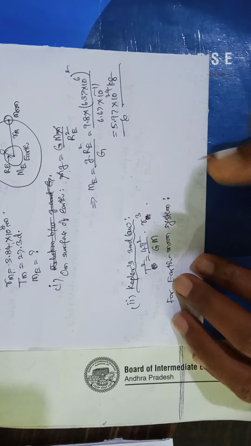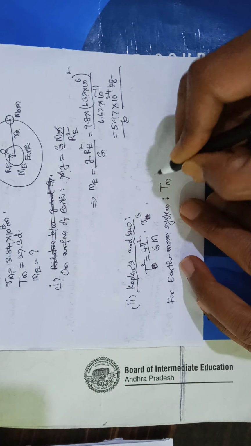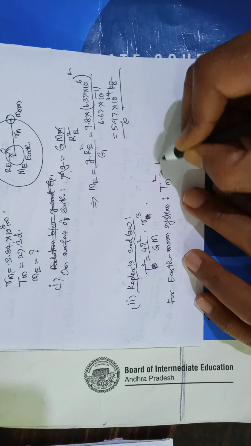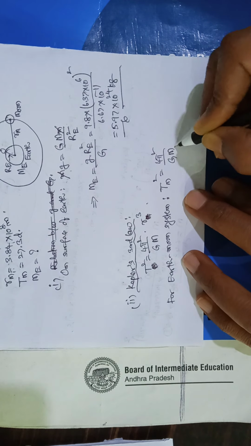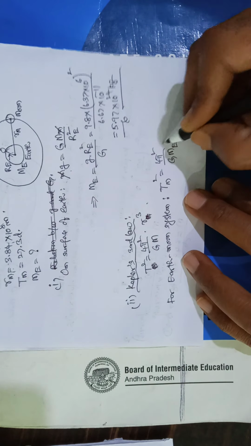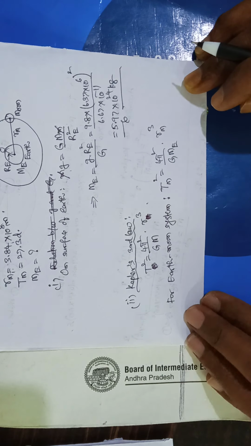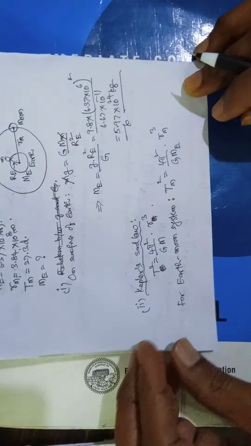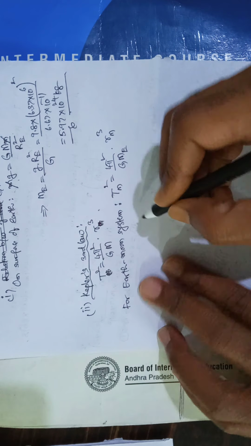Let us write the formula. Tm square is equal to 4 pi square by G, this is Earth, Rm cube. Now we should substitute the values. First Me.